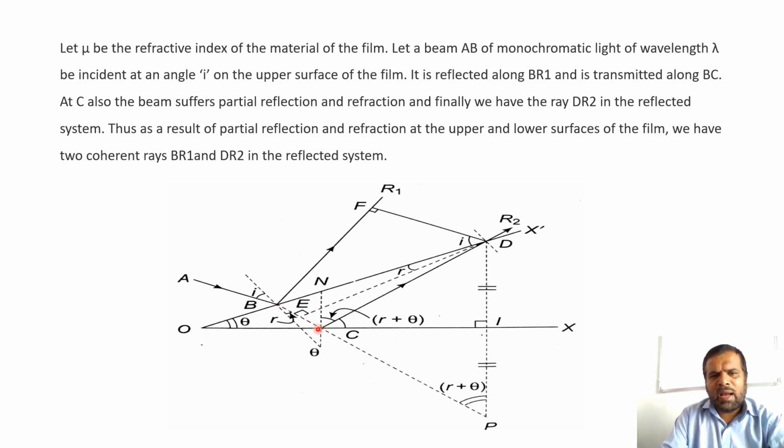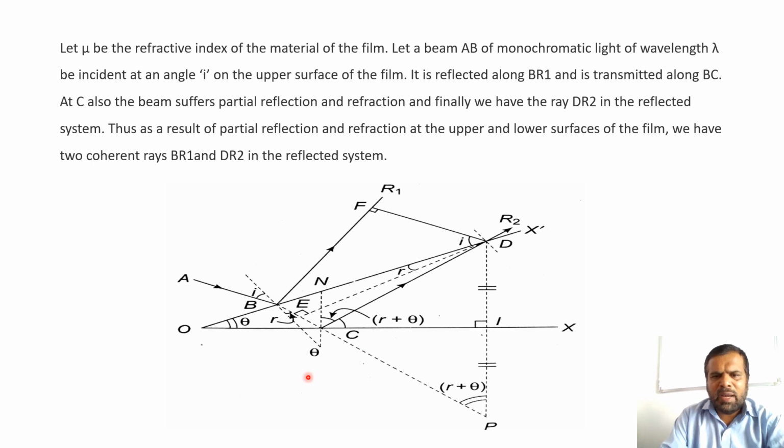At C, again the ray BC is partially reflected along CD and partially refracted out. And the ray CD at point D is again partially reflected and partially refracted along BR2. There we get the two rays BR1 and BR2 at the upper end.